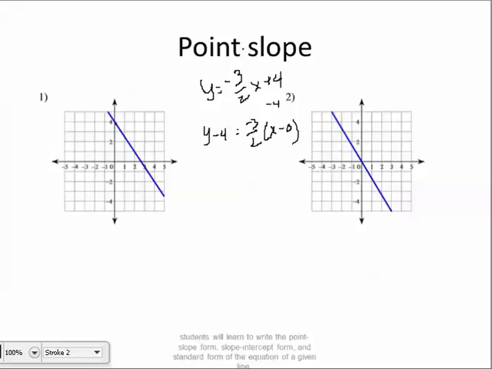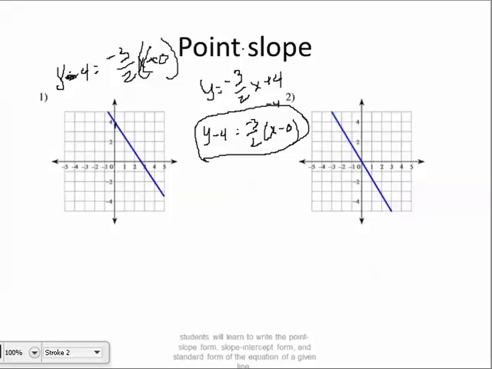Well, is that point on the line? Let's see here. 0, 4. Yes, it is. It's on the line. And this works as a point slope. y minus 4 equals negative 3 over 2 times the quantity x minus 0. And that'd be point slope.